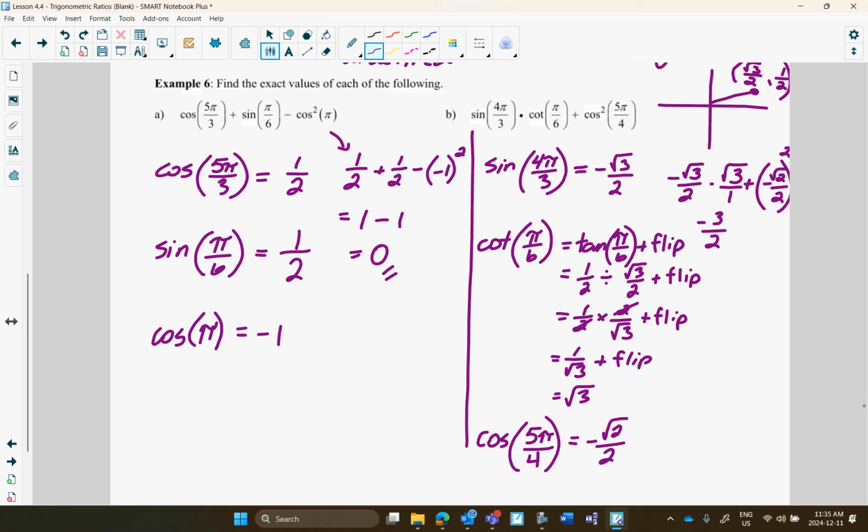Well, a negative squared is going to be a positive answer. What's root 2 times root 2? Just 2, because it's the square root of 4, which is 2. And on the bottom is 2 times 2. Well, that reduces to 1/2.